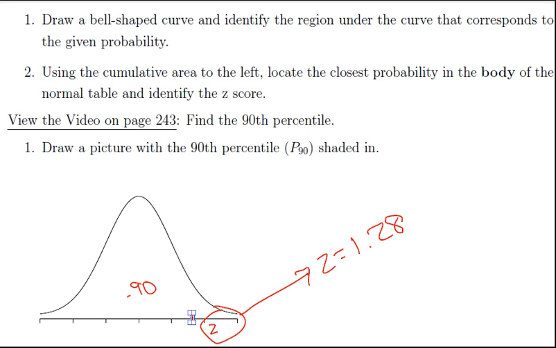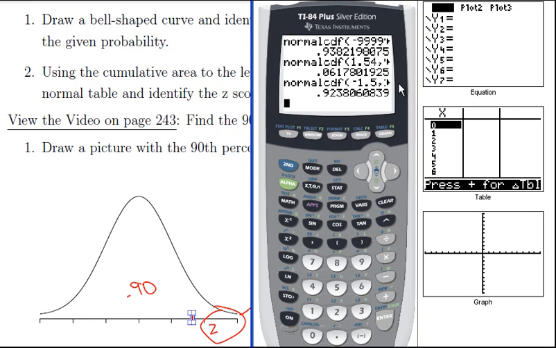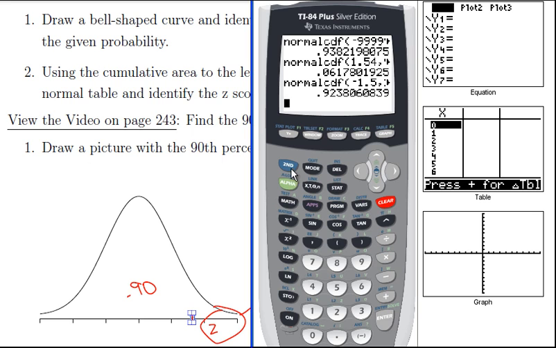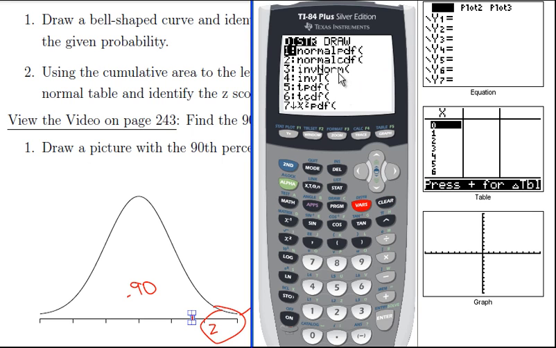And I can also do that on the calculator. So if you like to use your calculator, you want to use a different function. Now it's the inverse because we're working backwards. I go to second and then VARS. And then I'm going to use the third function now, this inverse norm. So I'm going to scroll down and hit enter.